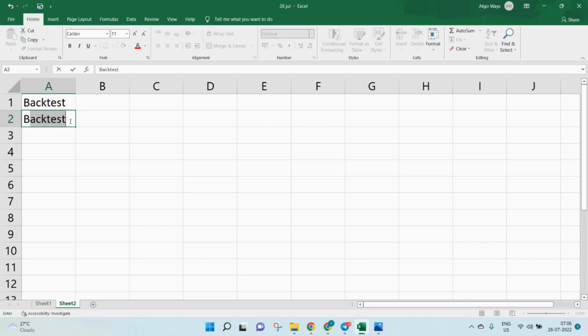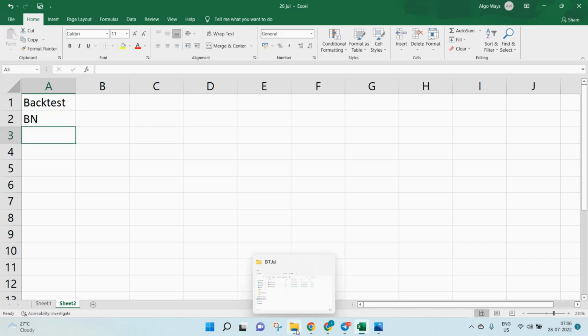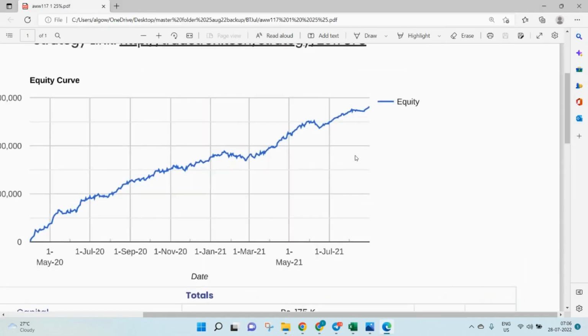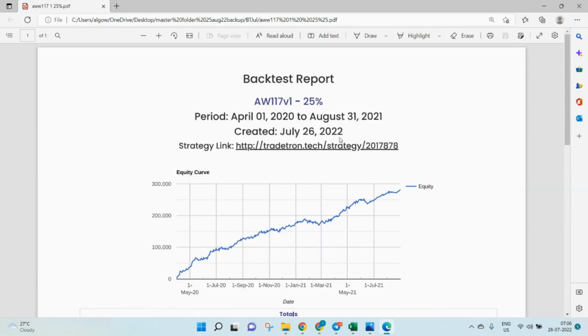So first I will do Bank Nifty. I have already done the backtest, so I will just open that. I will take Bank Nifty first with the 25% scenario. This is from April 2020 to August 31. Why do I stop at August 31 and skip September 21? Because on 3rd or 4th September, there was a freak trade wherein one strike premium went from 300 rupees to 1900 rupees.